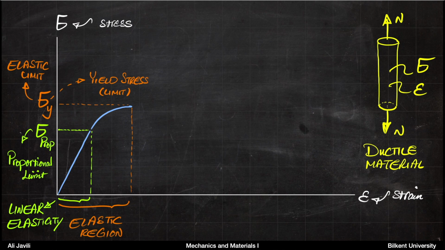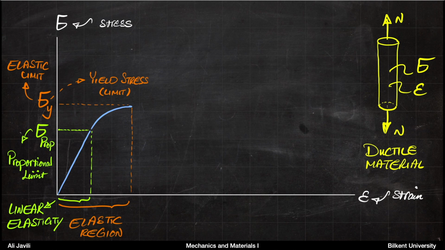Then after this, if you increase stress a little more, you see a behavior that is no longer linear, but still it's elastic. It's elastic in the sense that if you load the material up to this point, and if you unload it, it will come back to its original starting point.